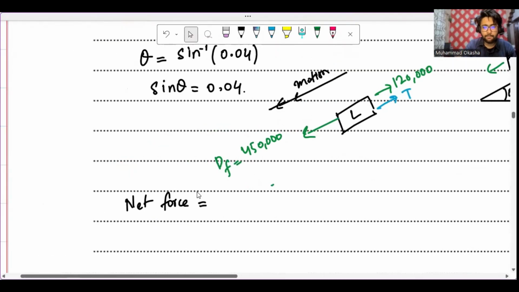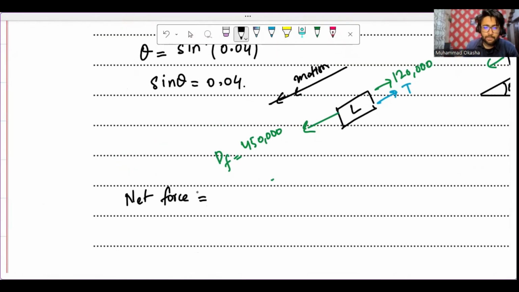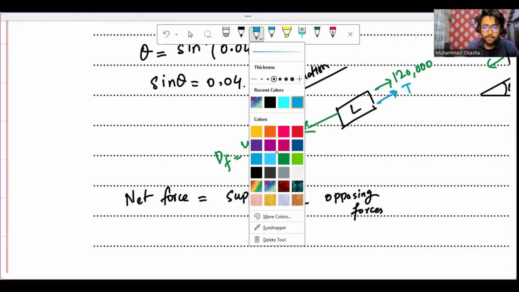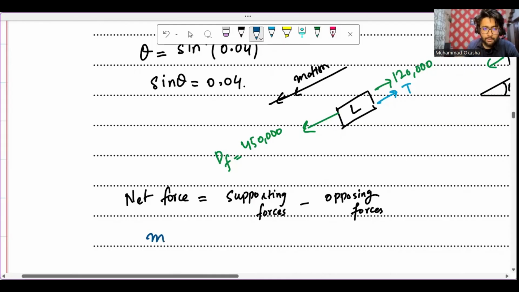Whenever we have net force, it is equal to supporting forces minus opposing forces. Always. That's our forever formula for net force. Supporting forces minus opposing forces. The formula for net force is equal to ma. What are the forces supporting the motion?